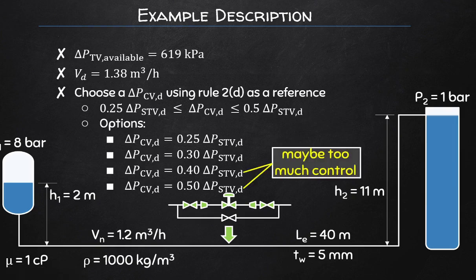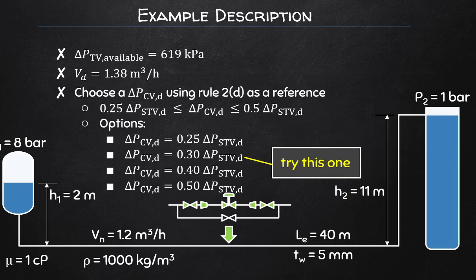The upper limit might result in too much control for the control valve. In other words, the control valve just uses so much energy that it's very wasteful. While the bottom limit may result in too little control, the control valve would be open too much, and it would simply not be able to control the system adequately.